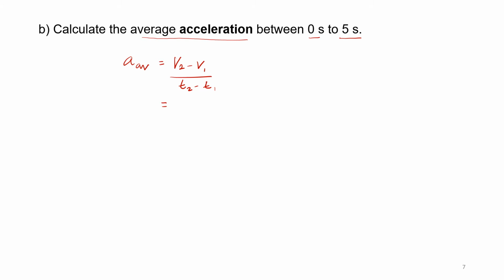Substitute the values: V2 is 2, V1 is 0, T2 is 5, T1 is 0. We get the answer 0.4 meter per second squared.